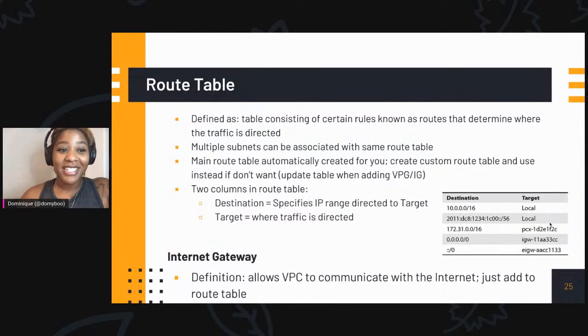So if I did my studying right, I should be able to explain this route table to you. Here we have an address block, a CIDR block, that is local. When you see local, that means the traffic is being directed just internally and cannot reach the internet.